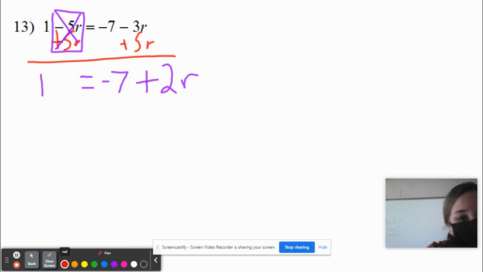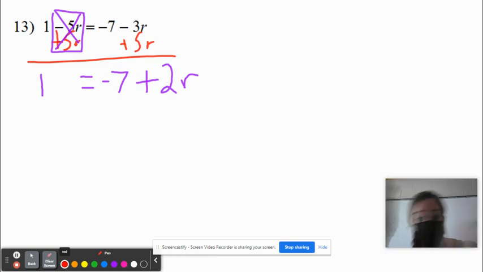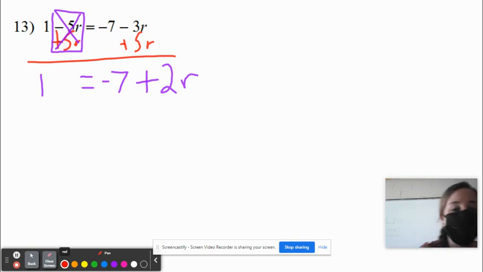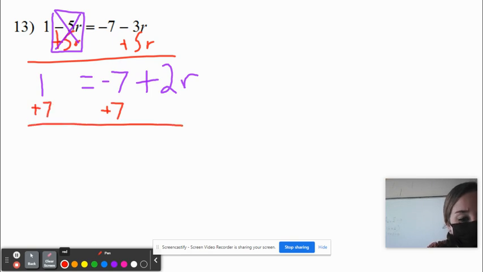Then let's focus on getting this negative 7, this constant term that doesn't vary because it doesn't have a variable on it. It's constant. Let's bring that to the left. So we're going to add 7 on both sides. 1 plus 7 is just 8 equals negative 7 plus 7 is nothing.